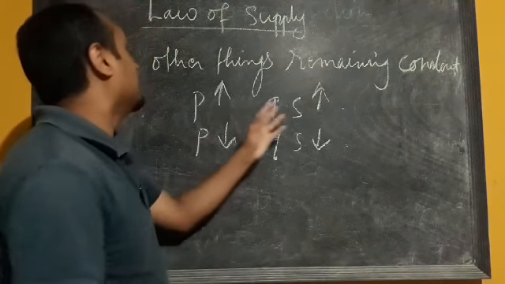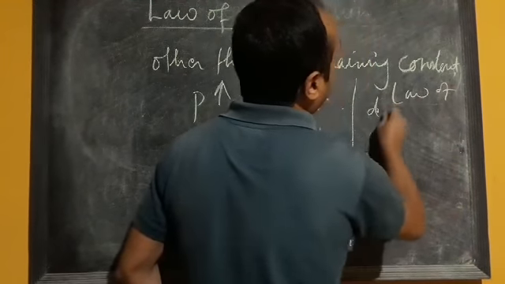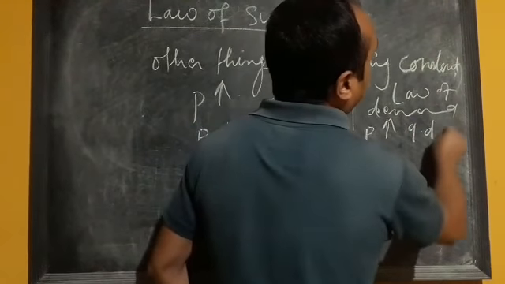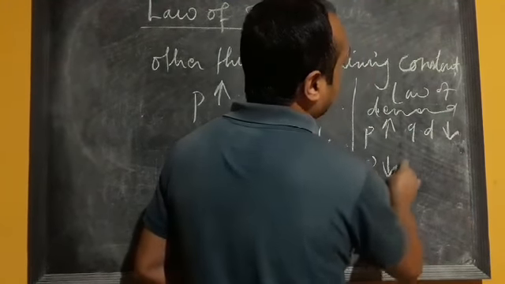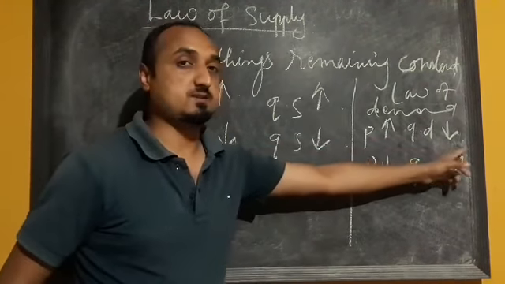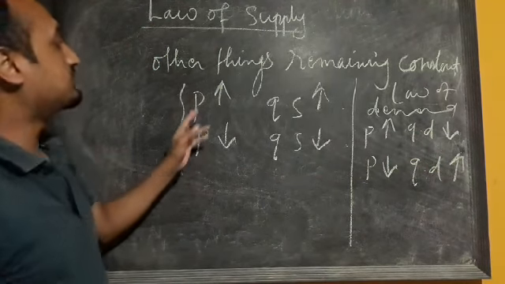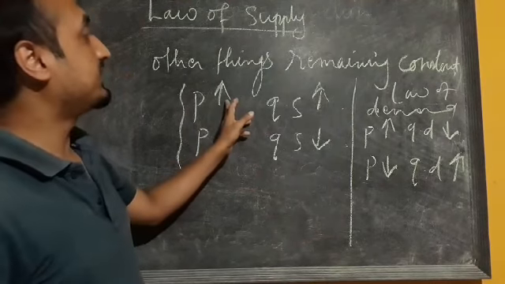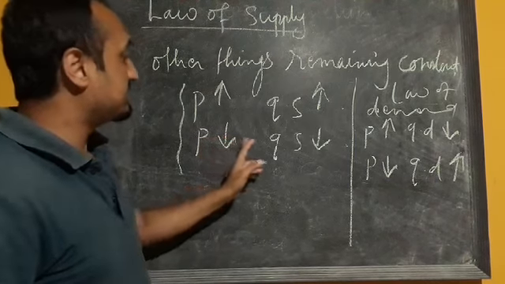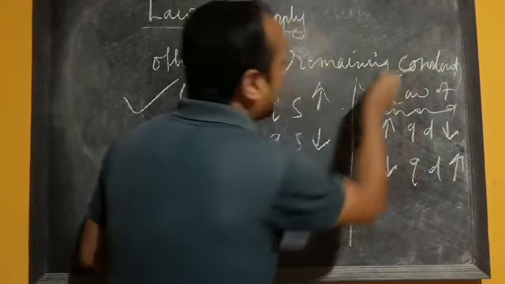If we compare it with the law of demand: when price increases, quantity demanded will decrease, and when price decreases, quantity demanded will increase. So there is an inverse relationship between price and quantity demanded, whereas the law of supply shows a positive relationship. When the price of a commodity increases, quantity supplied also increases, and when it decreases, quantity supplied will decrease.